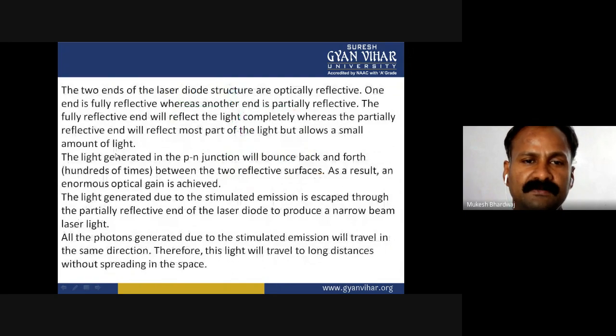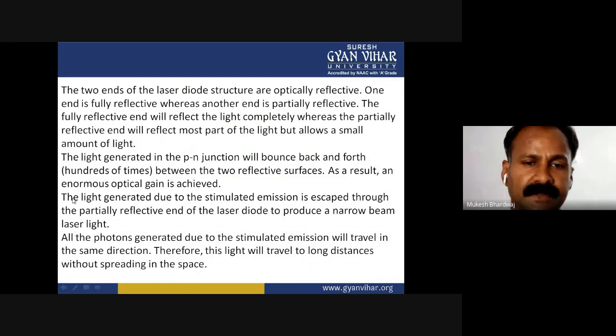The two ends of the laser diode structure are optically reflective. One end is fully reflective, whereas the other end is partially reflective. The fully reflective end will reflect the light completely, whereas the partially reflective end will reflect most of the light but allows a small amount of light through.